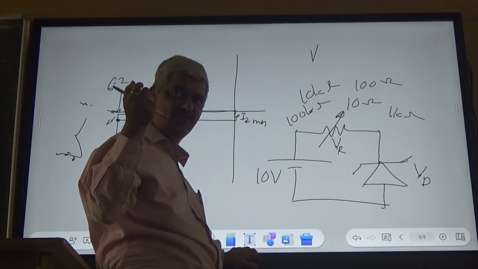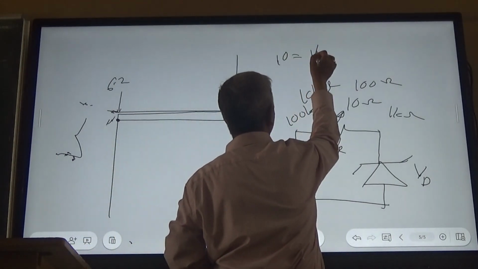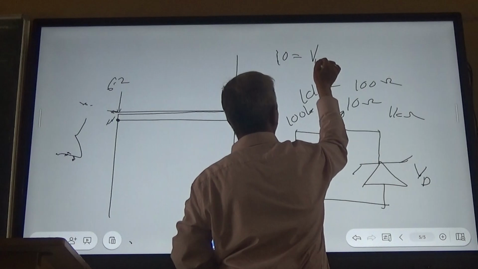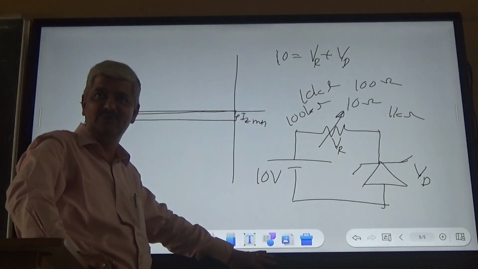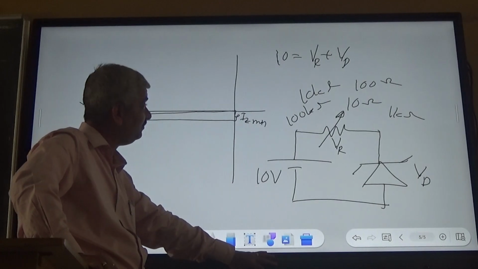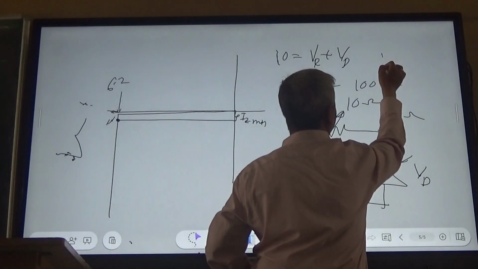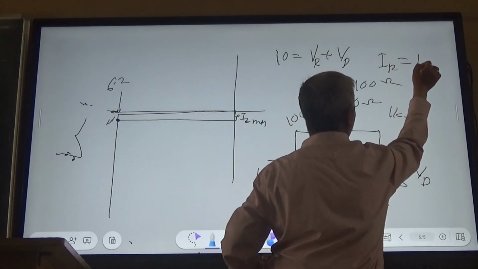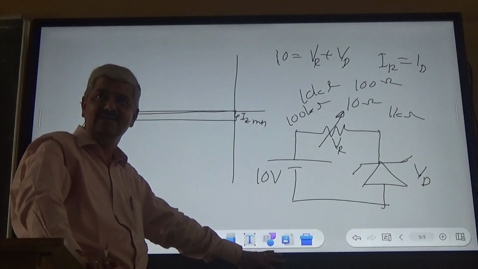So 10 must be equal to VR plus VD. And since it is a series circuit, IR is equal to ID.